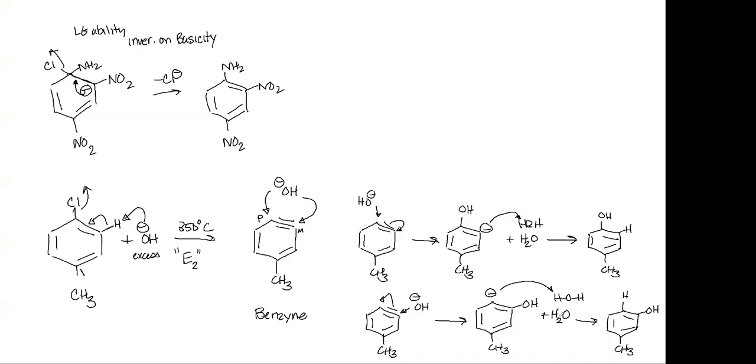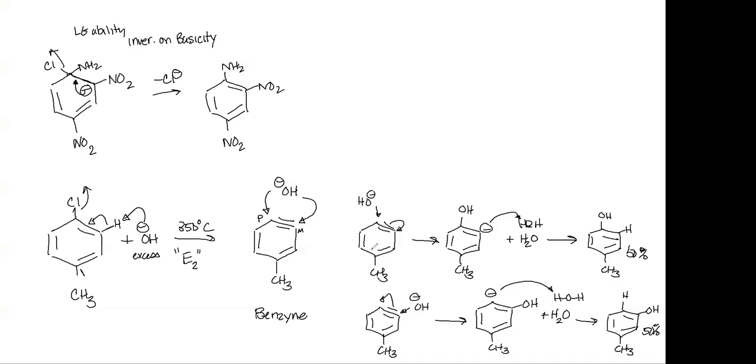So the evidence that it's a benzyne intermediate is because you get both of these products. You get both of these products 50-50. So you get 50% and 50%. That's evidence that you end up with a benzyne intermediate.